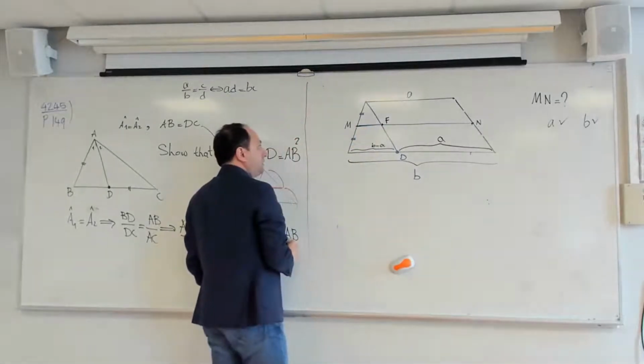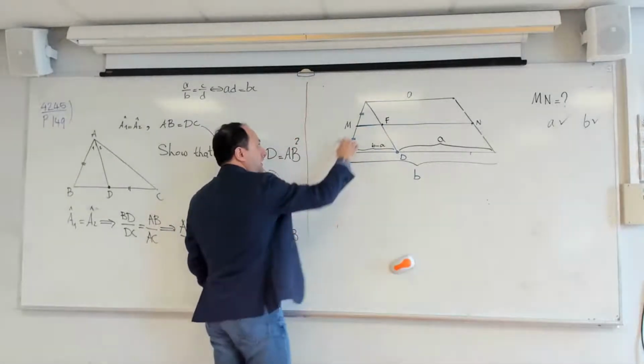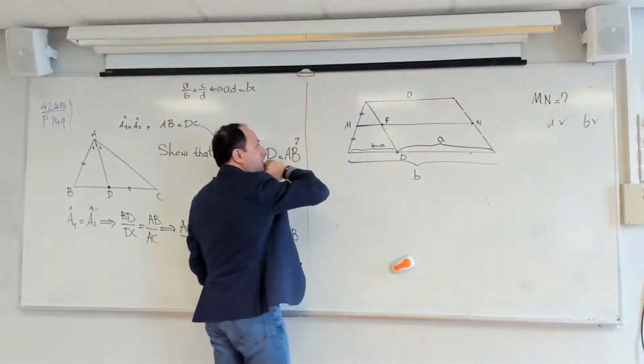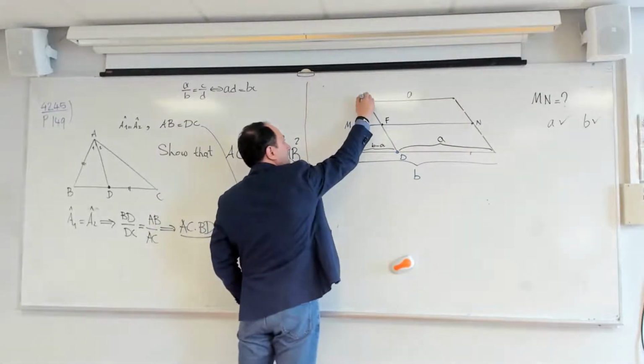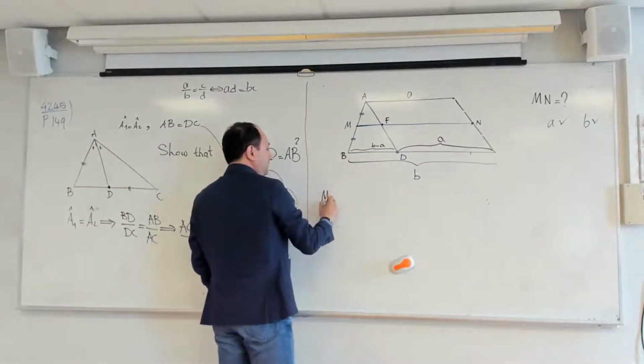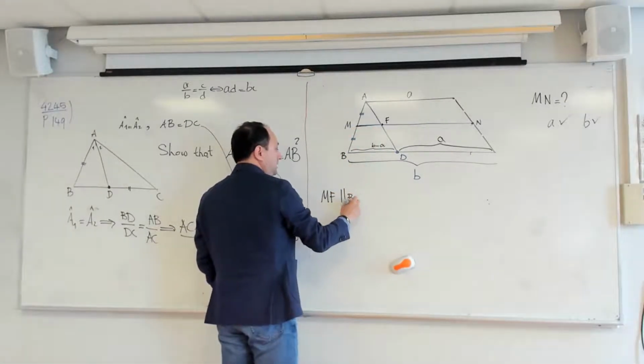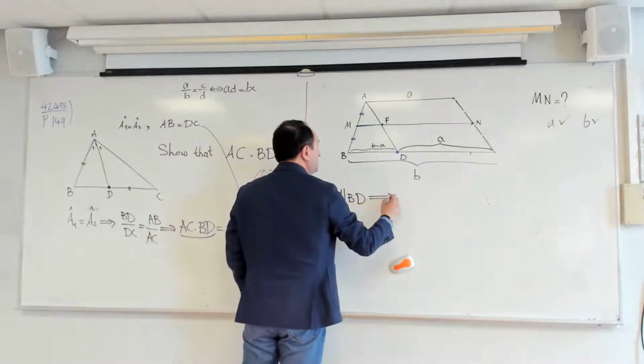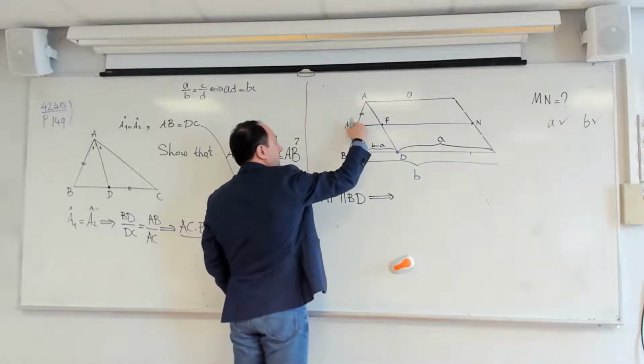And now, let me give this a name, but you should be able to do that. I want to calculate MF. So I can use that version of the Thales theorem. So let me give them names, A, B. Because MF is parallel to BD, I can write what? I can write AM.